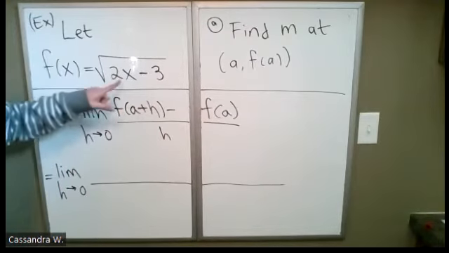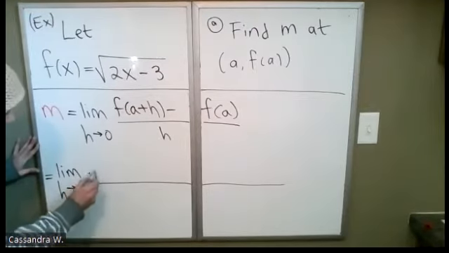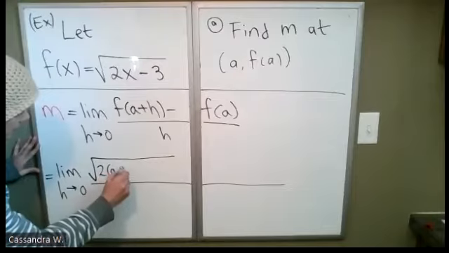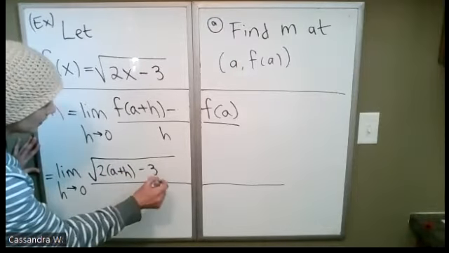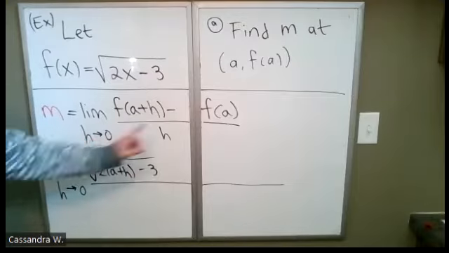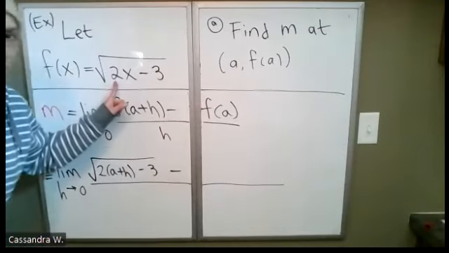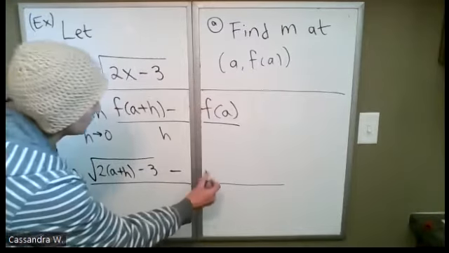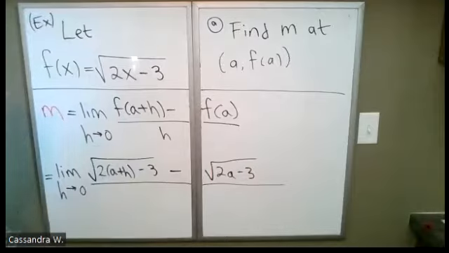All right, for this, we're going to put in a plus h right here, and then subtract 3, and then subtract the root of 2a minus 3, divided by h.